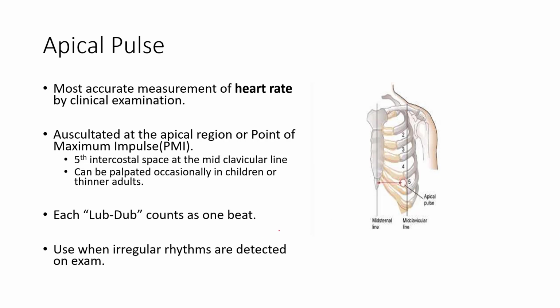You'll learn more about auscultation later in your cardiopulmonary coursework, but this is the most accurate assessment of heart rate without using an ECG or a Polar device, which captures the electrical activity produced, which is a direct assessment, versus pulse rate, which is indirect because we're assessing the pressure produced by the heart, which could be impeded for a lot of different reasons. So if you want a direct assessment of heart rate, you can just listen to it. So that's the apical pulse.